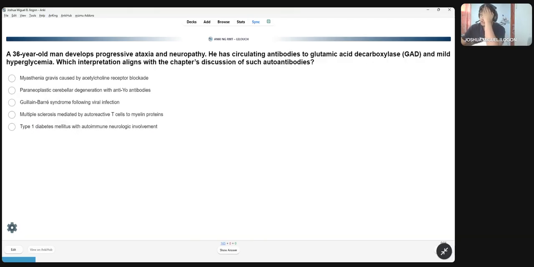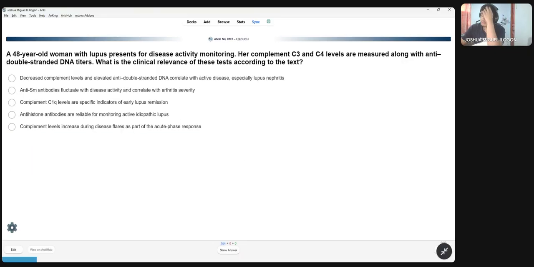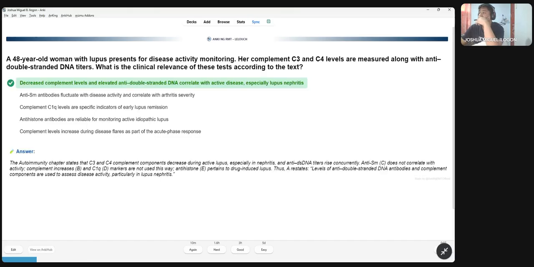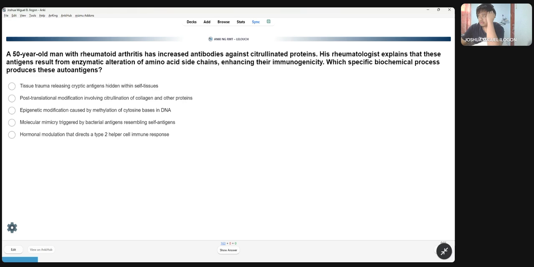Progressive ataxia, neuropathy, glutamic acid carboxylase, and mild hyperglycemia. That's your type 1 diabetes. Double-strand anti-dsDNA. Lupus nephritis. Increased citrullinated proteins is one.